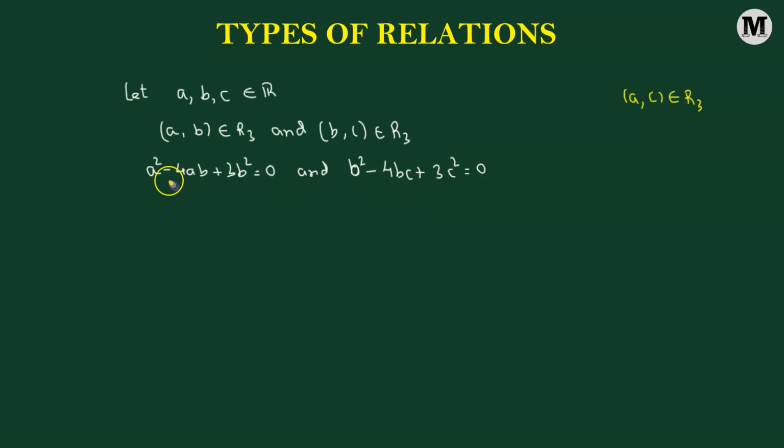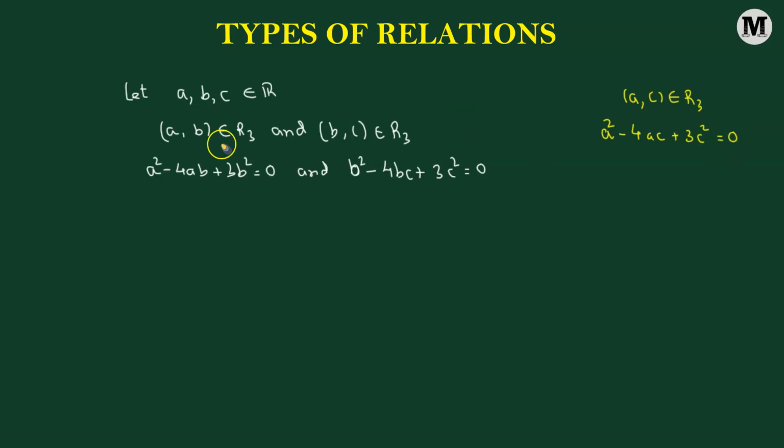This is the same equation, with a replaced by b and b replaced by c. So using the same logic, (a, c) belonging to R3 would mean we have to show that a squared minus 4ac plus 3c squared equals 0.